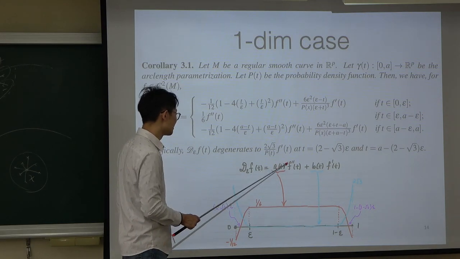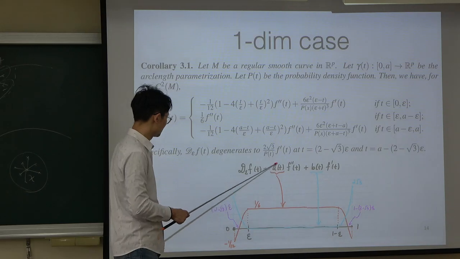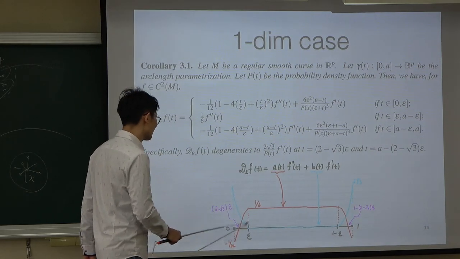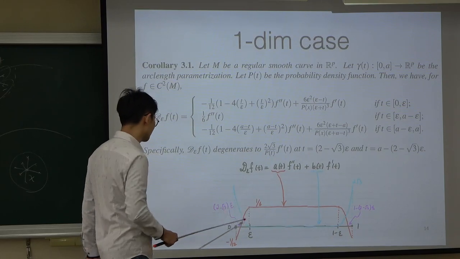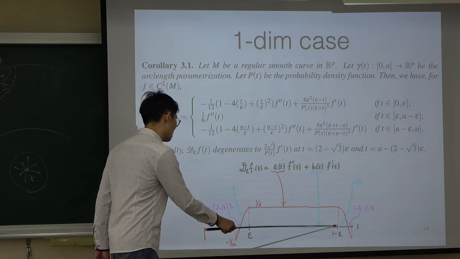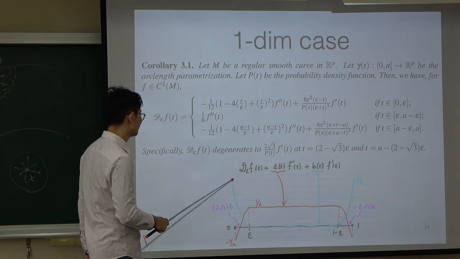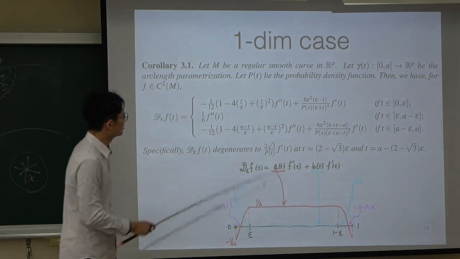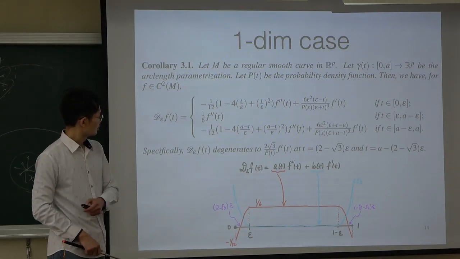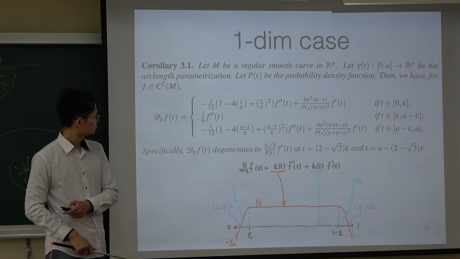You can see the second order derivative is positive inside, negative near the boundary, and you have a first order differential operator, which is 0 away from the boundary, and positive near the boundary. And even this one-dimensional case is not very easy to analyze.